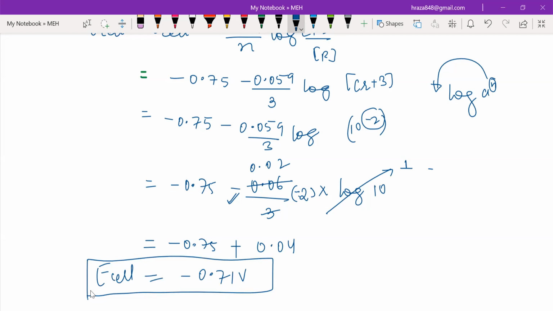Yes, sir. That means you are not revising your notes, because this question is exactly the question in the notes. Are you getting my point? So you just need to first revise the notes.